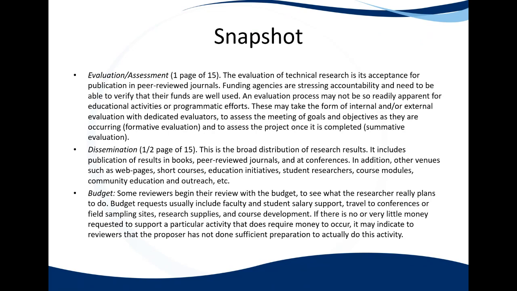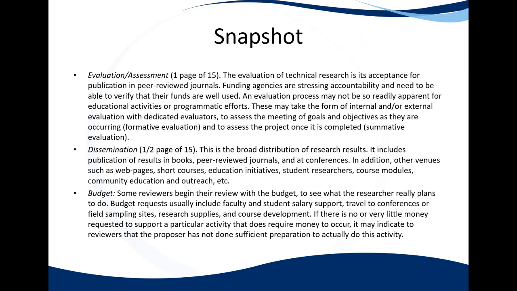And then, of course, the evaluation, the assessment. How are you going to evaluate? How are we going to determine that something has come out of this work? For those of us in academia, in terms of what you promise and list, how you are going to assess the work is that some of it will be published in peer-reviewed journals.